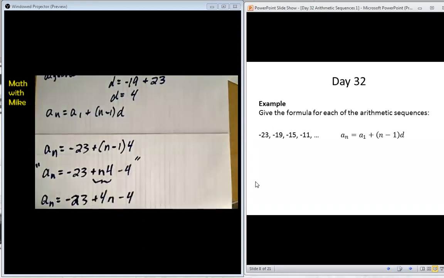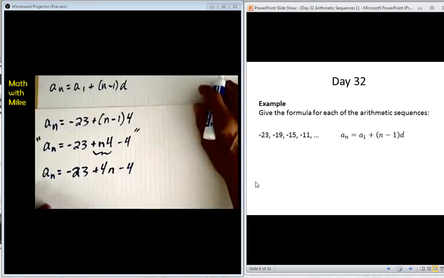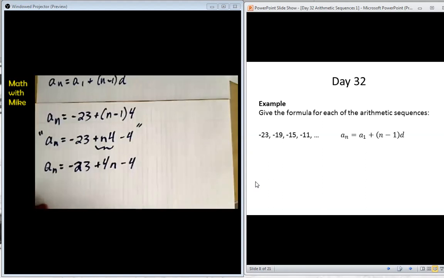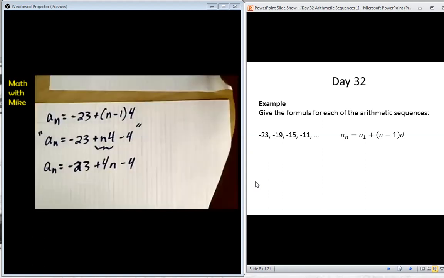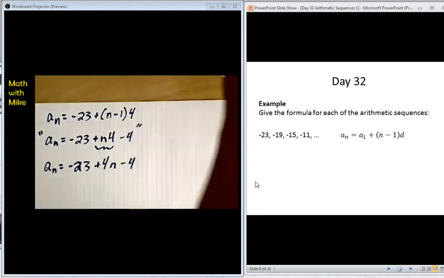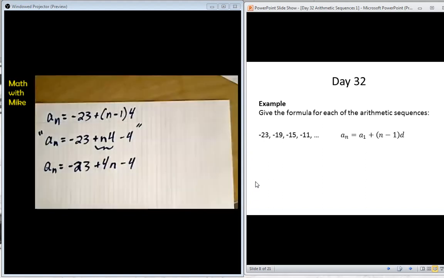Make sure you got the number going first there. Not bad to think it, but be sure you write it that way.